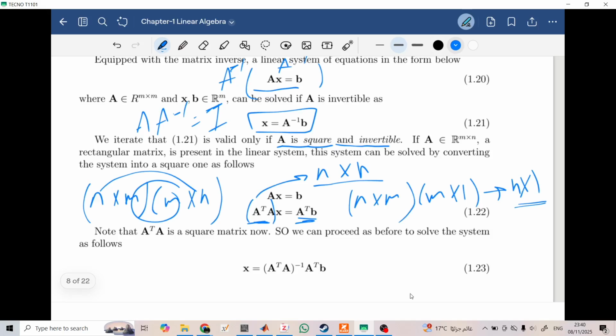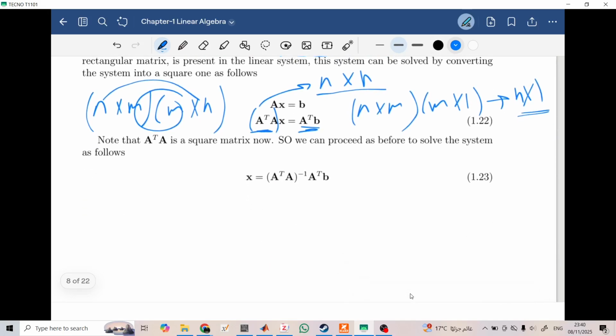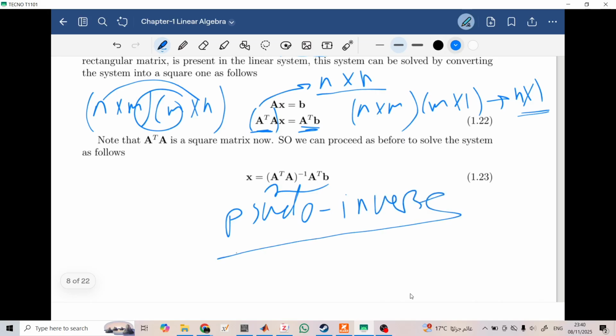Now since this is a square matrix, we can find the inverse of it, which is this matrix here, and now we find the solution. This is called the pseudo-inverse form, okay, of the matrix.